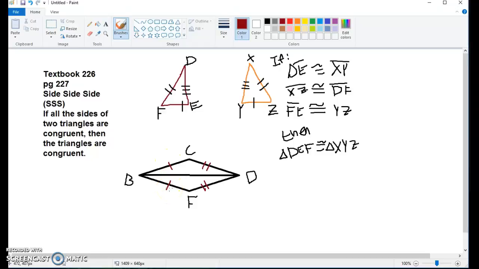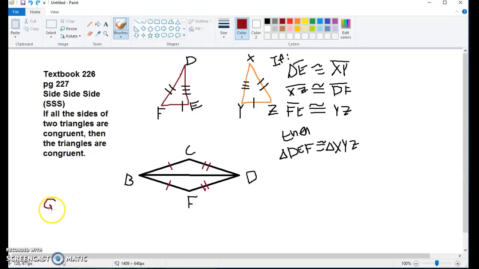We want to show that these two different triangles are congruent. So we want to prove that triangle BDF is congruent to triangle BDC.